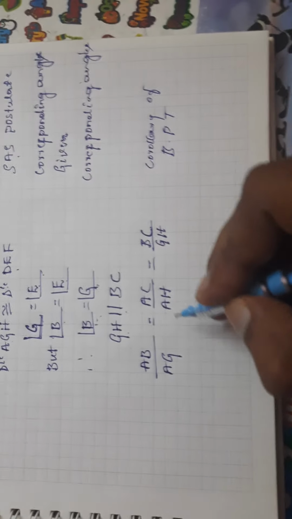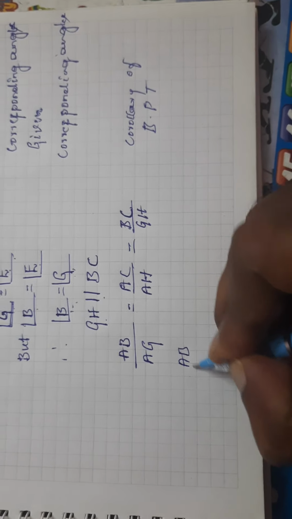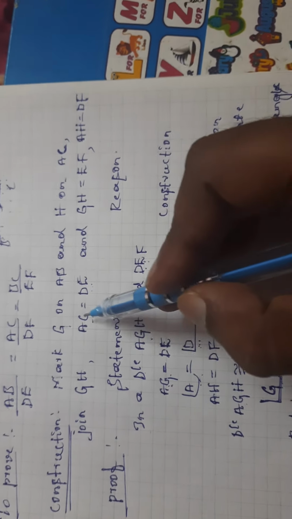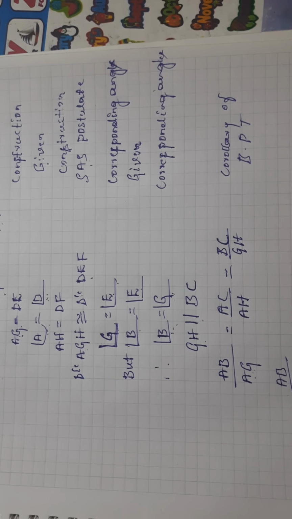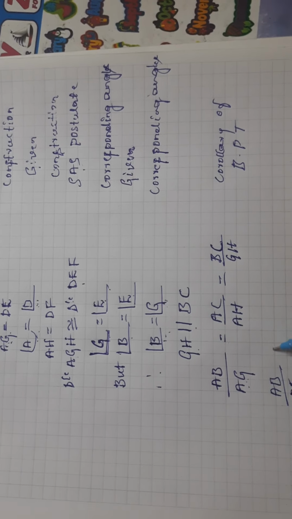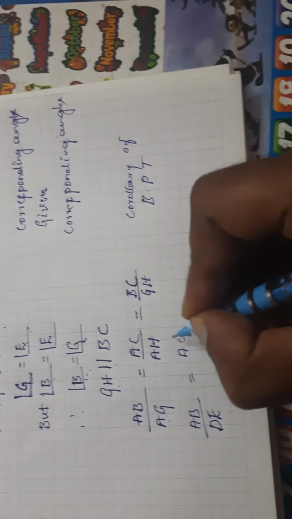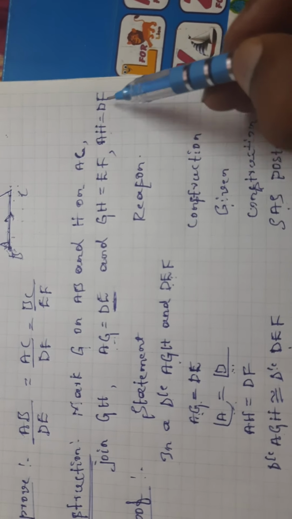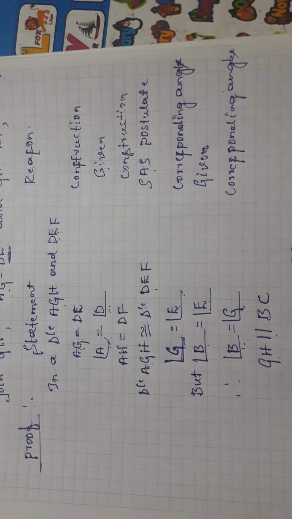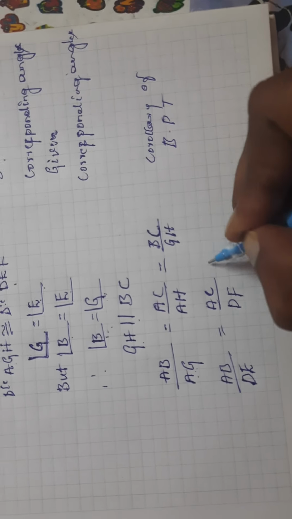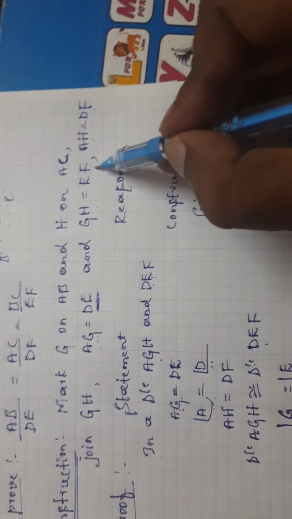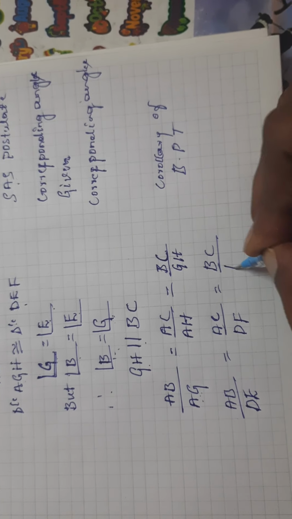Now from the construction, we already constructed AG is equal to DE. Can I write AG is equal to DE from the construction? That is AB divided by DE, AC divided by DF, since AH is equal to DF, and BC divided by GH is equal to EF.